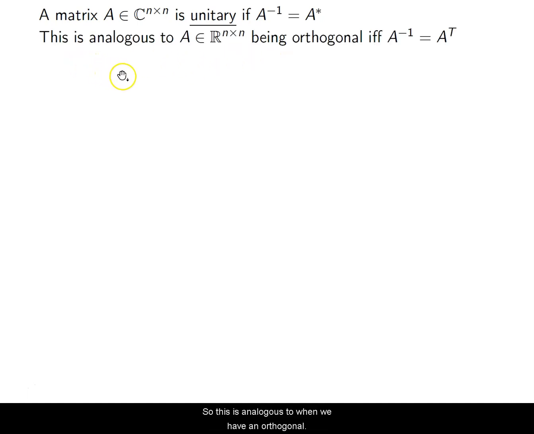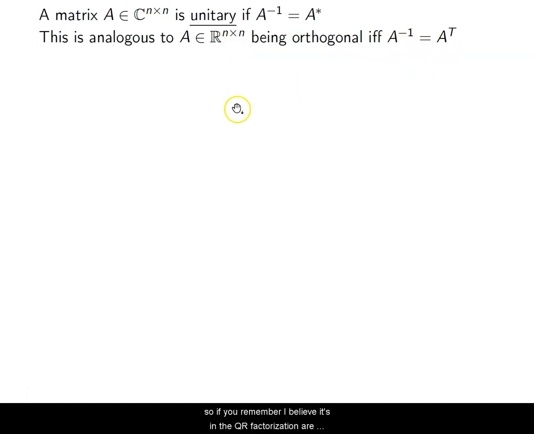So A star has to be the same as the inverse of A. This is analogous to when we have an orthogonal matrix in the real vector space, and we were able to say that A inverse is equal to A transpose.